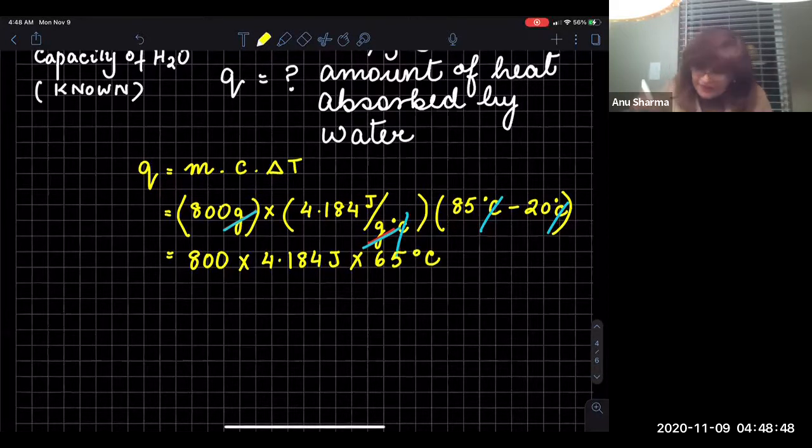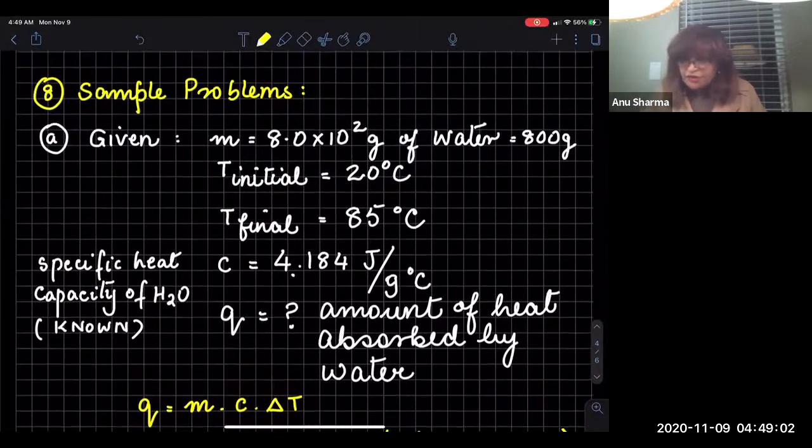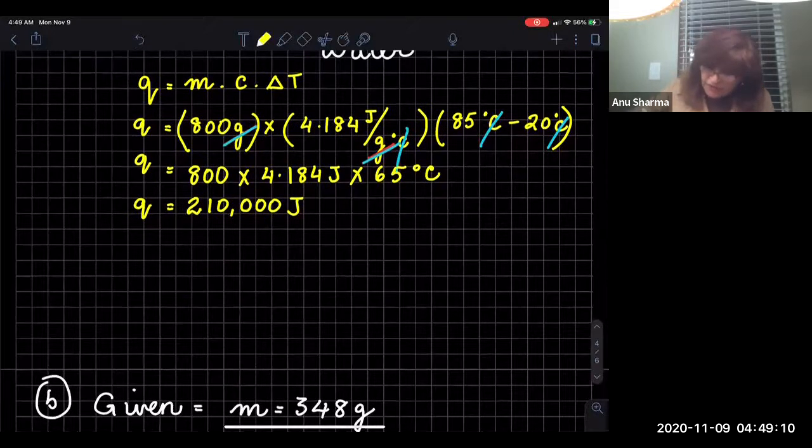Okay, and that gives you a total of 210,000 joules. So this is the amount of heat that was needed to bring that temperature from 20 to 85 degrees Celsius.